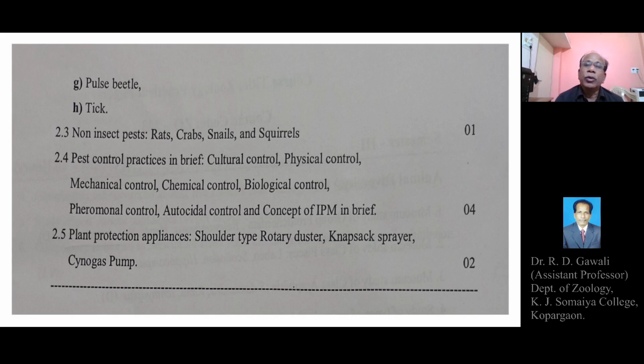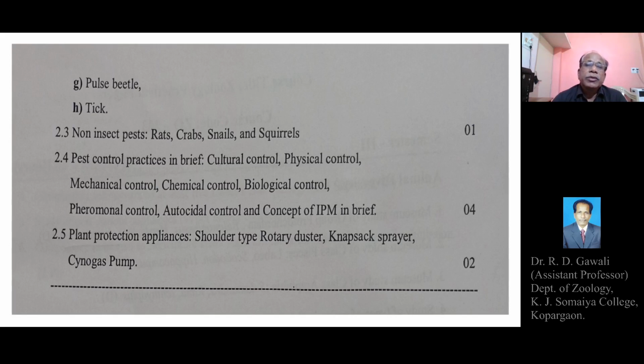Then pheromone control, where we can use different types of artificial chemicals which mimic or duplicate, or are analogs of, the natural pheromones of the insects.